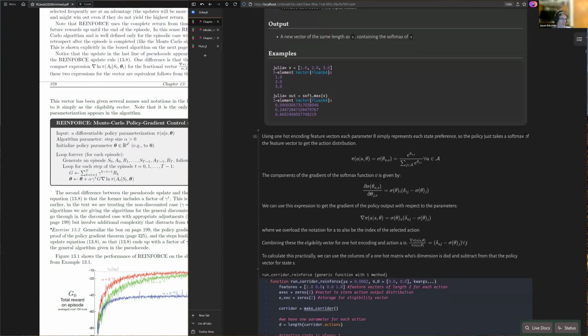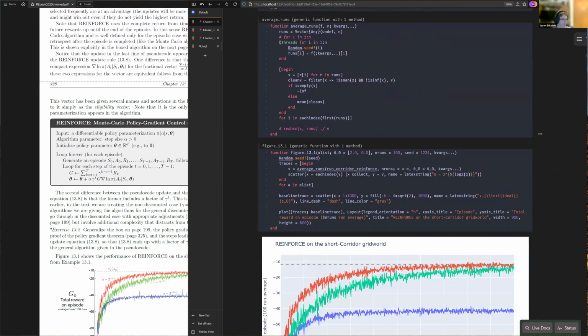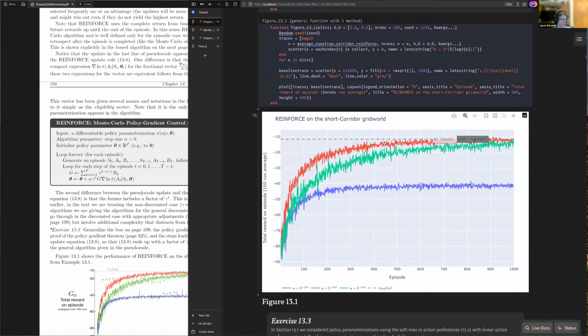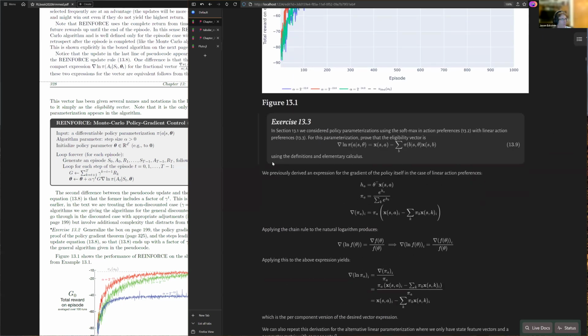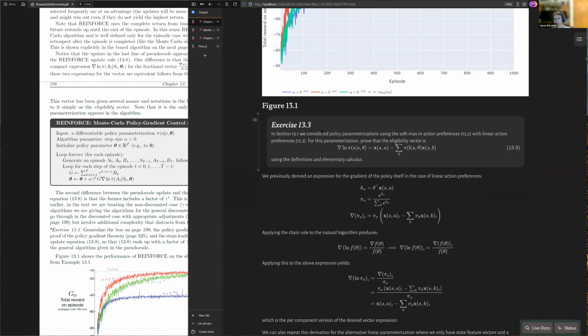Sorry, I have this implemented in here, but this is just showing the same sort of graph with different values of alpha. Now, the final exercise in this section is just asking you to get an expression for the eligibility vector under different linear feature vectors.